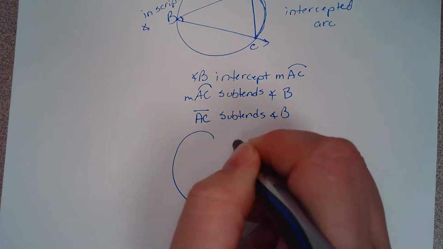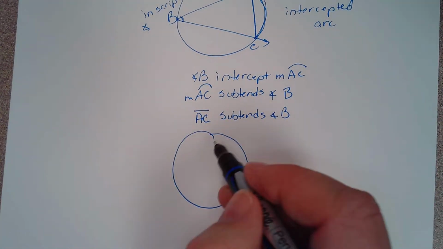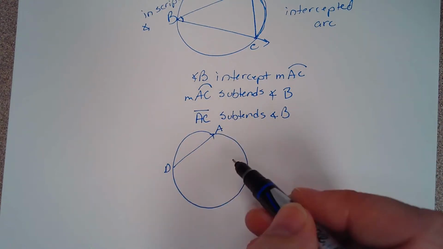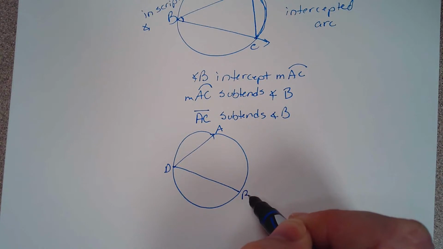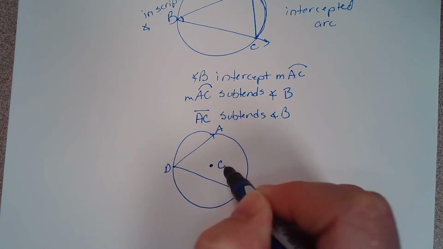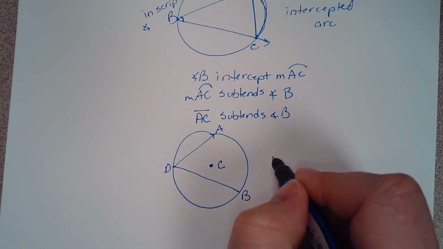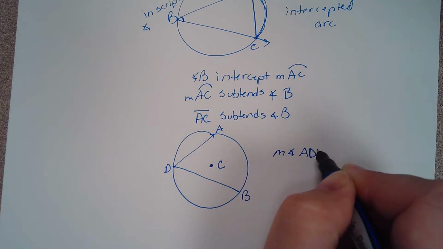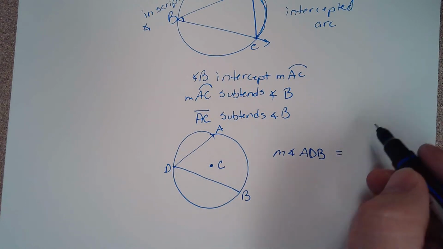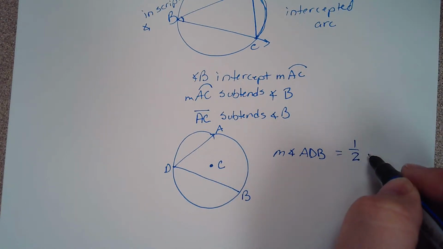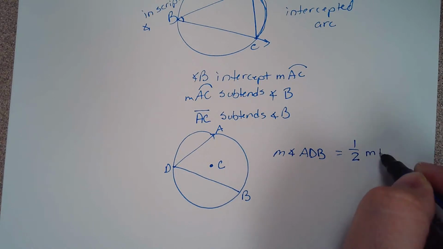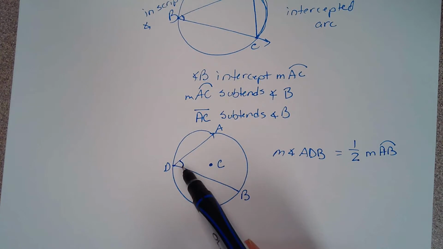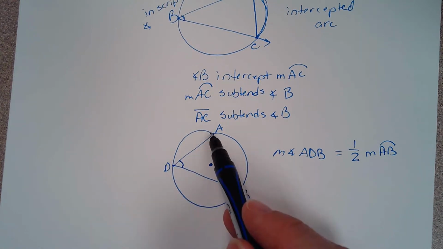So if I have a circle, and here is D, and A, and this over here is B, and over here is the center C. Basically, the measure of angle ADB is equal to half of the measure of arc AB. So whatever this is, it is half of what the outside arc is.